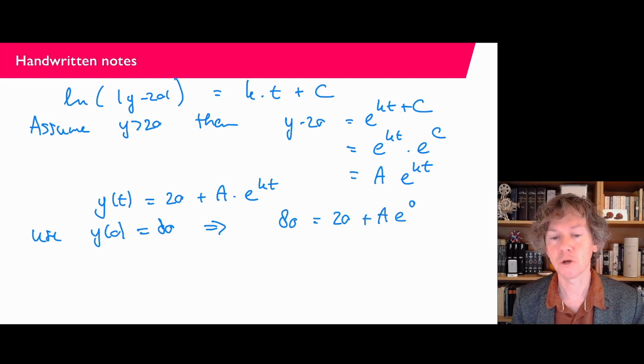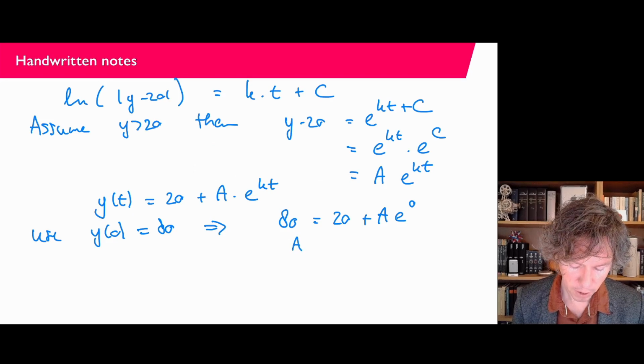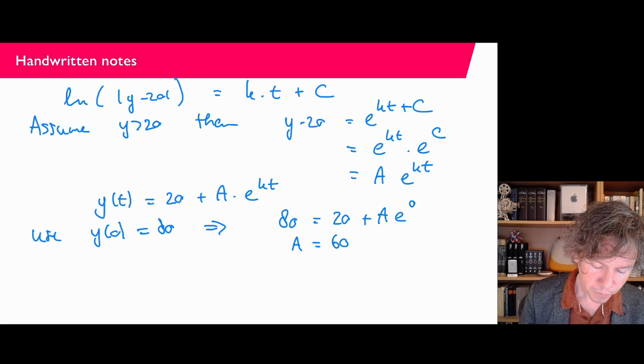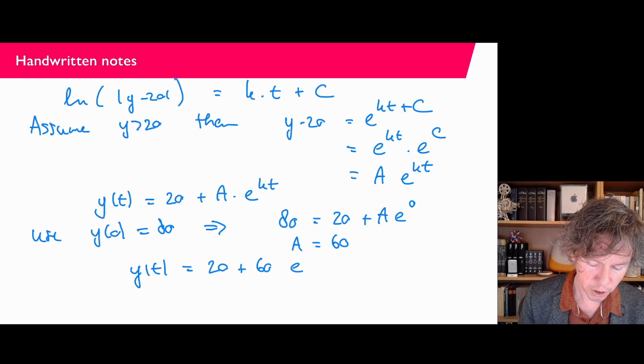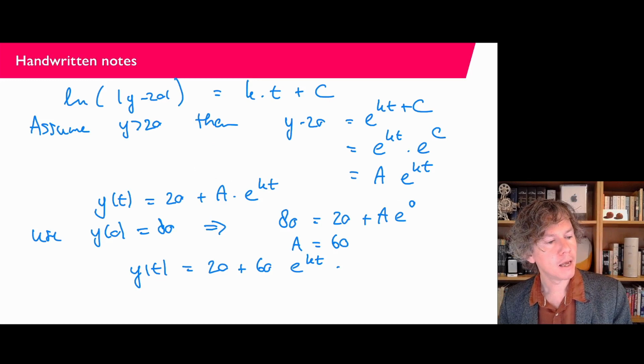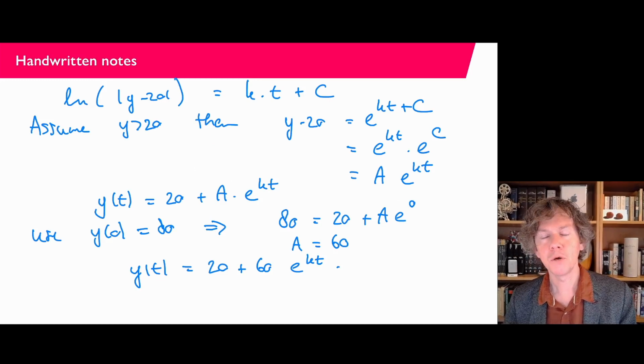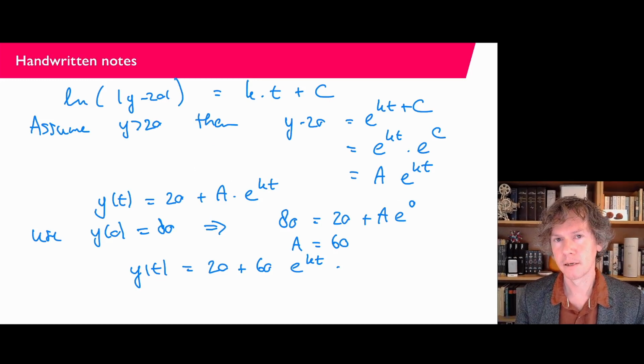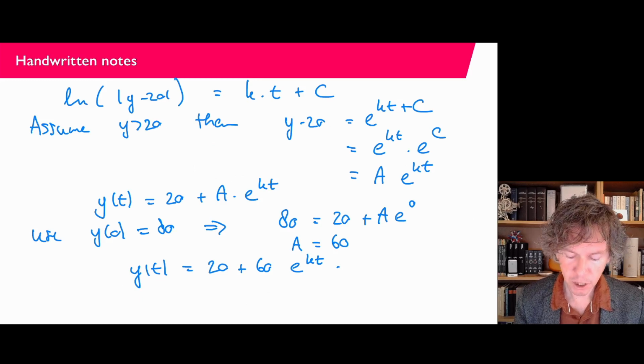E to the power 0 equals 1, so we find that a equals 60. In other words, y of t equals 20 plus 60 e to the power kt. And then we need additional data to find this k value here.